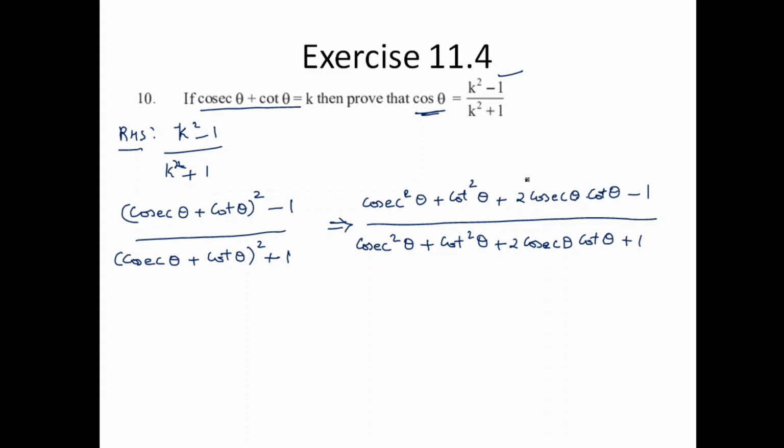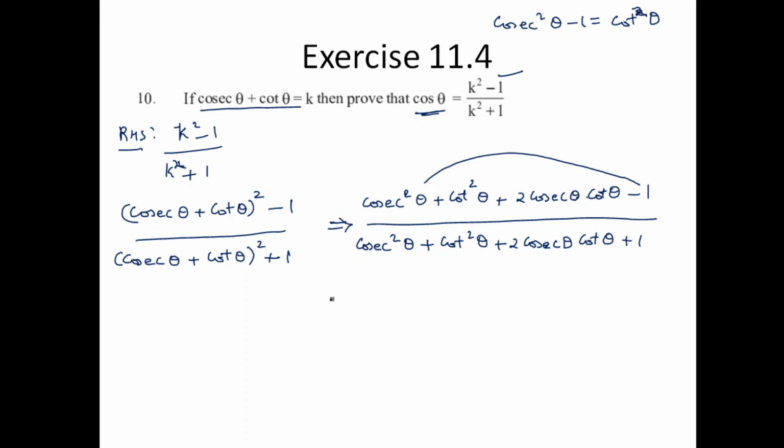Now I'm taking here cosec square theta minus 1. So we are having an identity cosecant square theta minus 1 equals your cot square theta, isn't it?